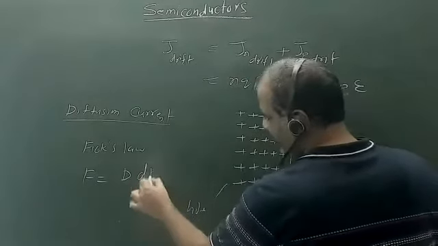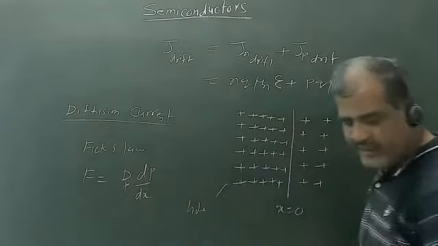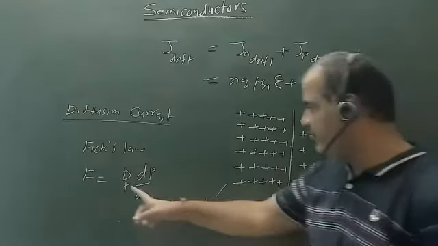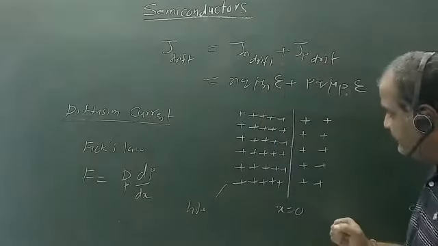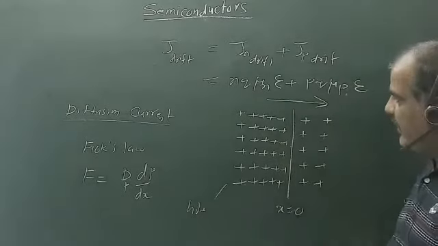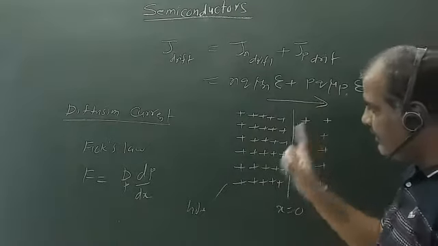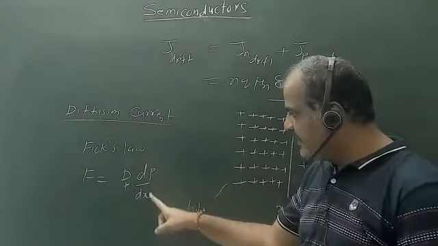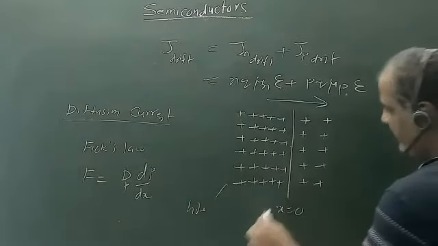For holes, that becomes D_p dp upon dx, where D_p is the diffusion coefficient of holes. Now one more thing, because my holes are moving in this direction, my diffusion current will also be in this direction, but dp by dx is negative.